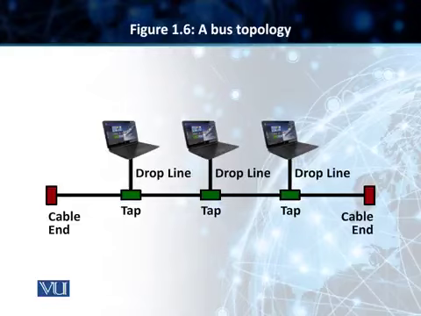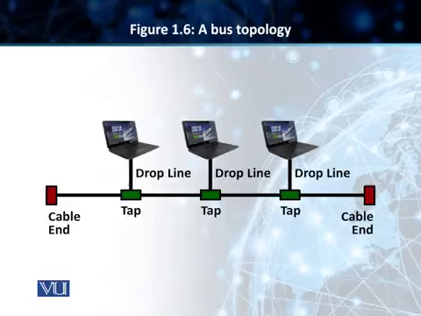Students, one of the major disadvantages in this topology is your fault identification and fault isolation. So basically, when you try to add new devices or you try to isolate a fault, then this particular topology rarely works.